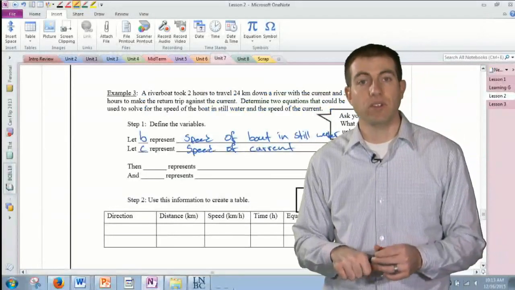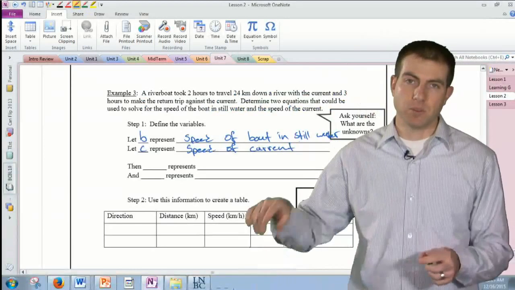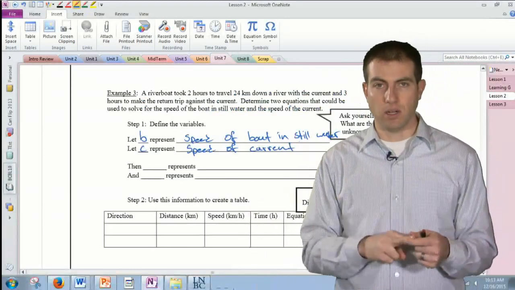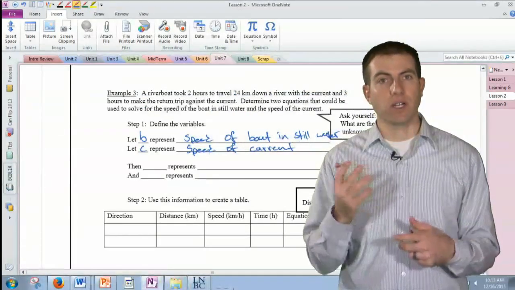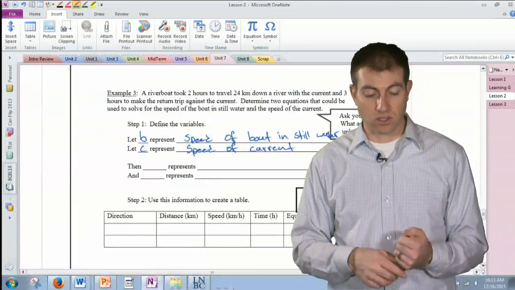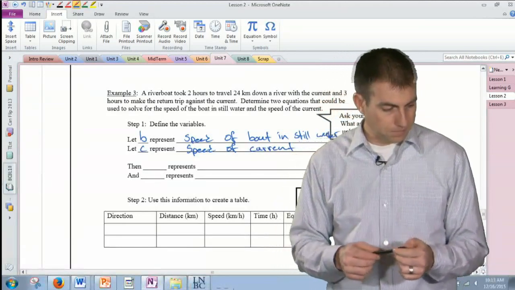Okay, so we've identified the 2 things we're trying to find: speed of the boat in still water, the speed of the current. We need to take the information we're given in the question and try to figure out a system of equations we can use to solve this.